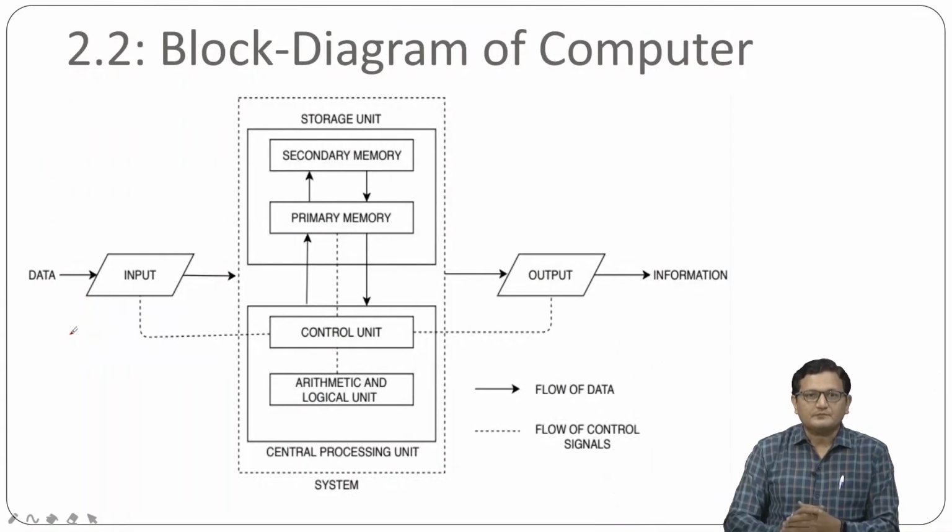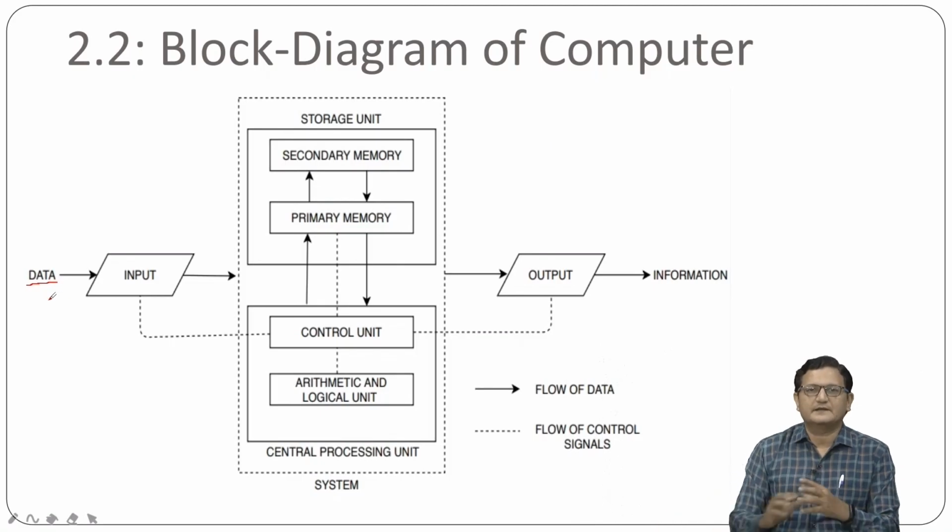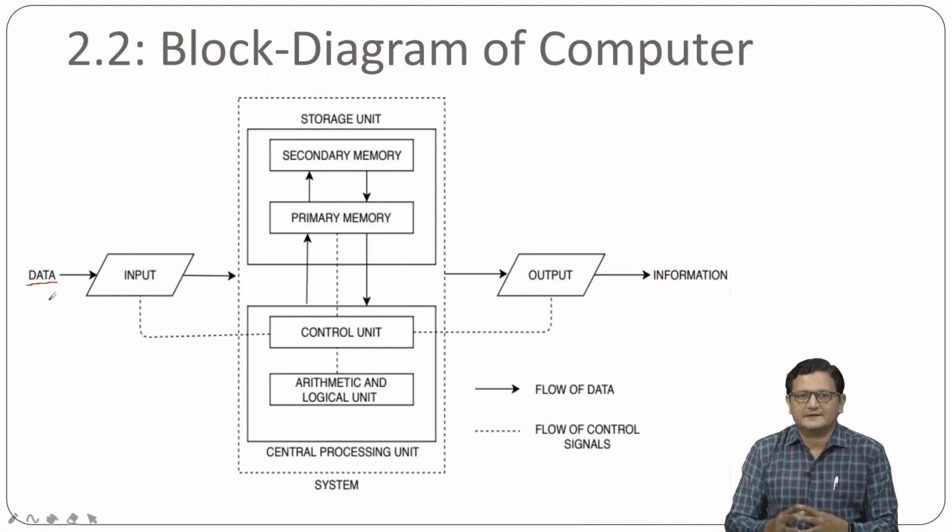Now here you can see the block diagram of the computer. First of all, this part is called data. Data means unstructured raw material and unstructured facts, which will be entered by the user. And how can the user input all these things?